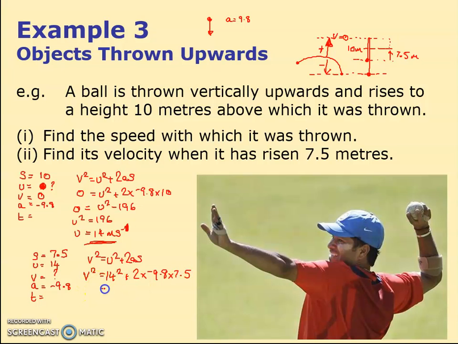So if I just work that out, I've got an answer of 49. Obviously, someone's planned this in advance, because now I can square root, and I get 7 meters per second.